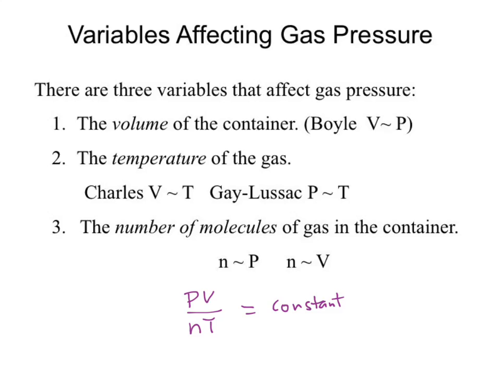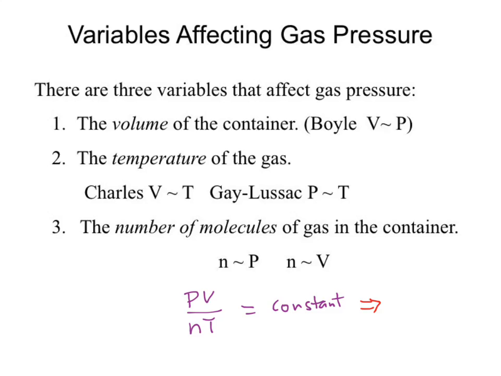And from this, we can actually see all of these individual relationships. For instance, we said pressure and temperature, we're related how? Directly or indirectly? Directly. So let's rearrange this equation such that we can see that direct relationship. Pressure needs to be on one side of the equation.